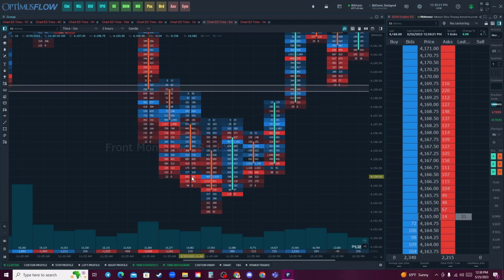So the more red the bar, there's more being sold at the market to the bid. The blue bars show more buying. So 520 here, that means 520 contracts were bought at the offer versus 287 sold at the bid at this particular price.